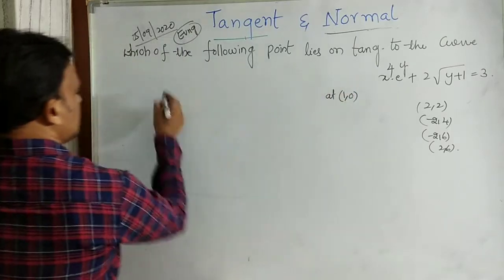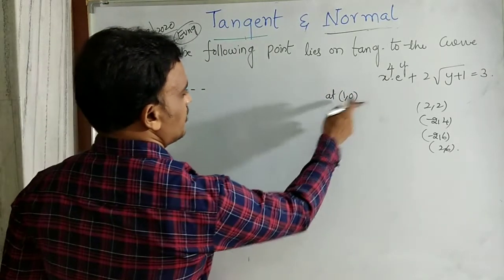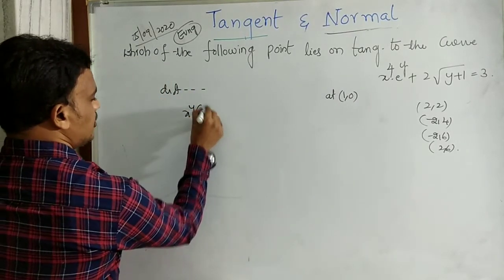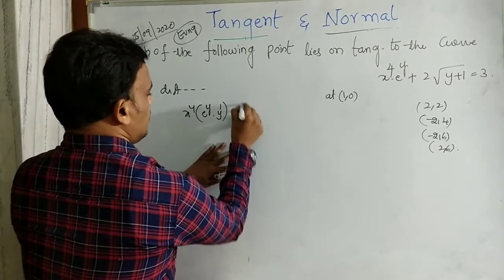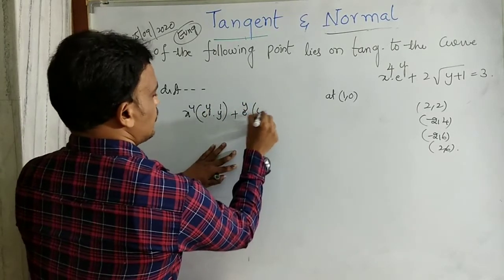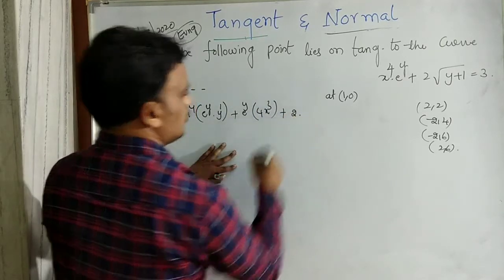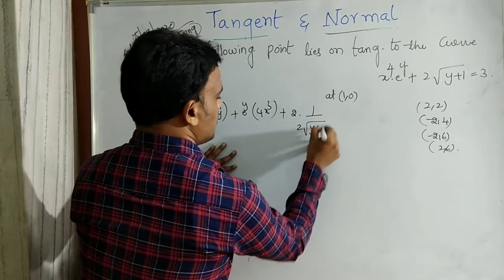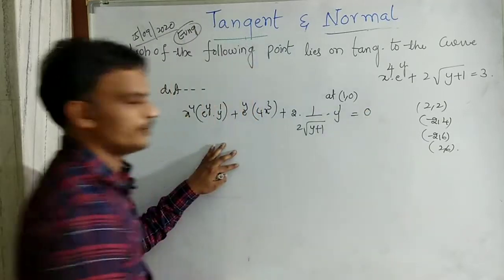For the given curve, differentiating, I can get the slope of the tangent at the point (1, 0). So it is x^4 separating, e^y derivative e^y into y', plus e^y separating x^4 derivative 4x^3, plus 2 into 1 by 2 root of y plus 1 into y' equals to the right side's derivative, which is 0.